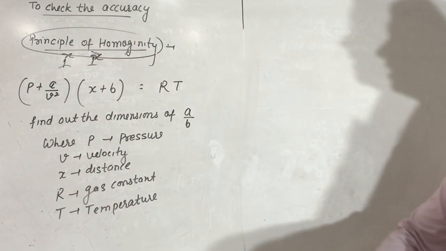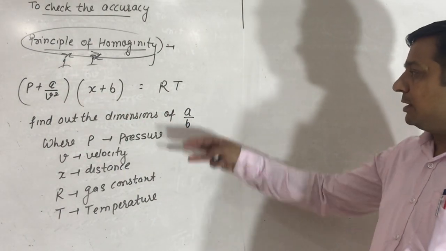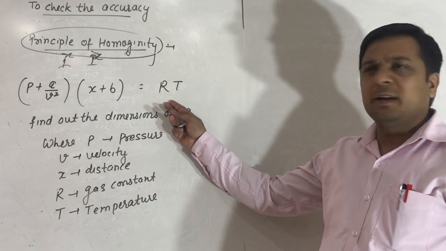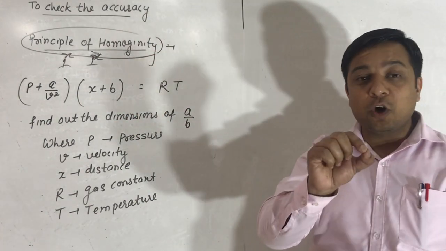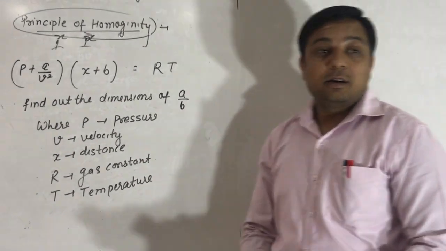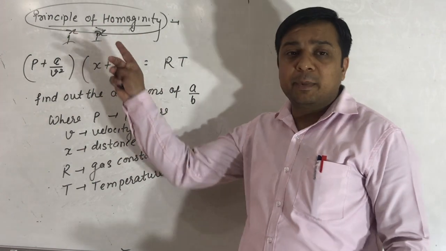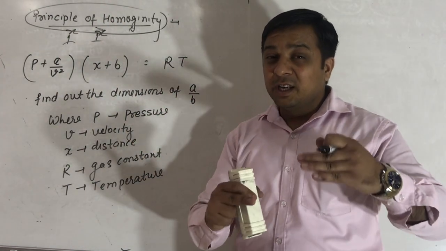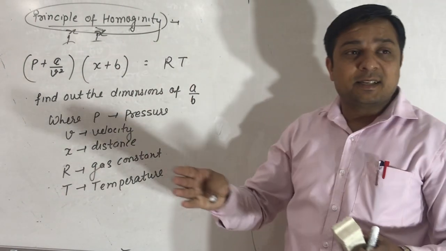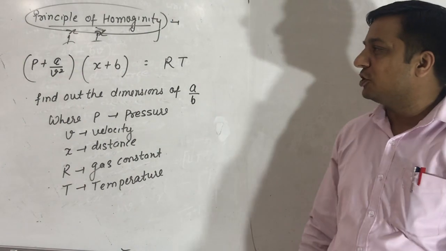And most students will be confused after seeing this statement, because they will think this is the gas constant, what should we do? But always remember one thing, this is the principle of homogeneity, and I have told you already, in the principle of homogeneity, you will remember only one thing: the sign of plus and minus, because the principle of homogeneity says same nature of quantity can be added or subtracted from same nature of quantity.